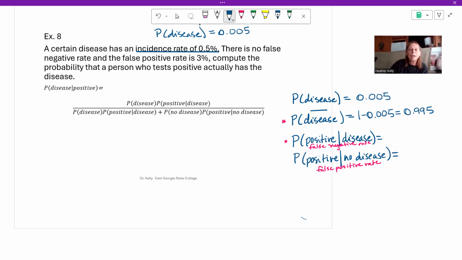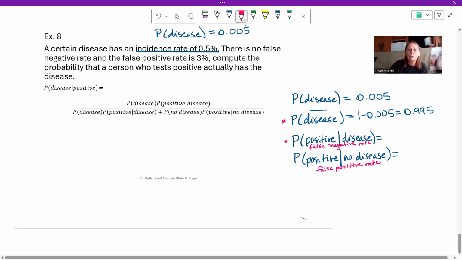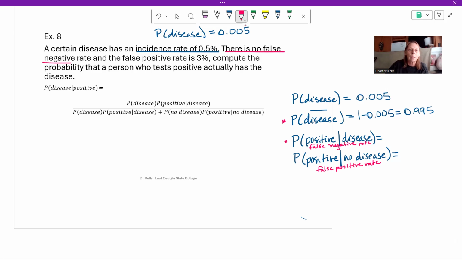Okay, it says there is no false negative rate. That means that the false negative rate is 0. And because we use complements here, I'm just going to write it like this. 1 minus 0 equals 1.